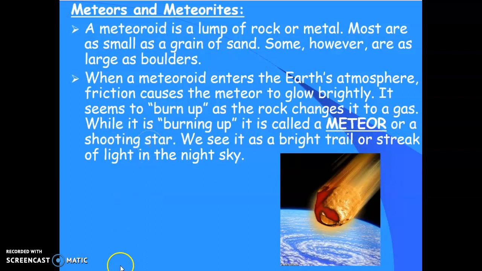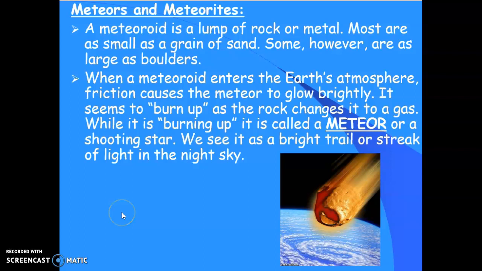A lot of times people think that shooting stars are comets, but comets are typically very, very far away. You'd only be able to see one with a telescope. So if you're looking into the night sky with your naked eye and you happen to see a shooting star, maybe if you've gone camping, that is more than likely a meteor.